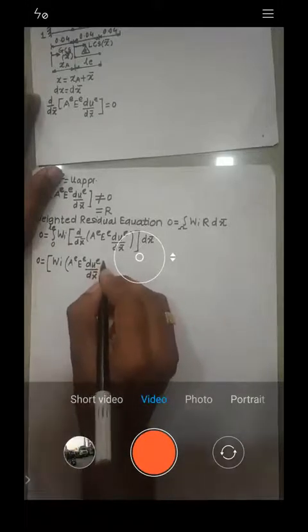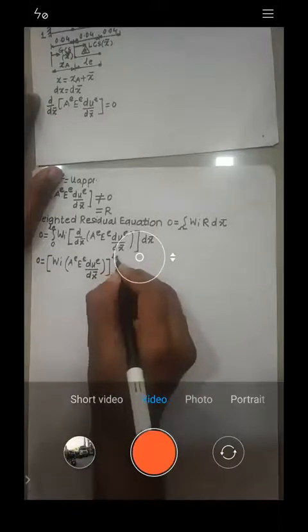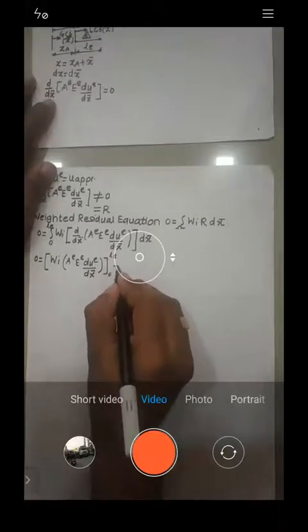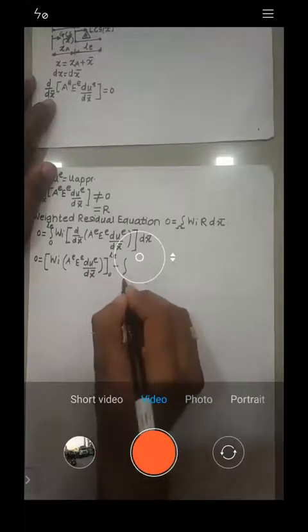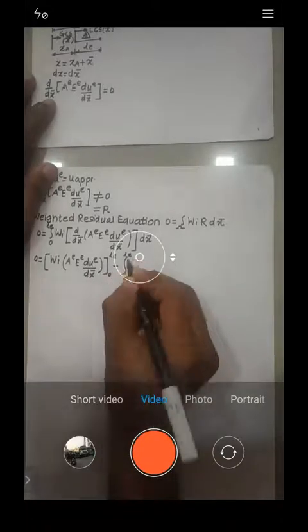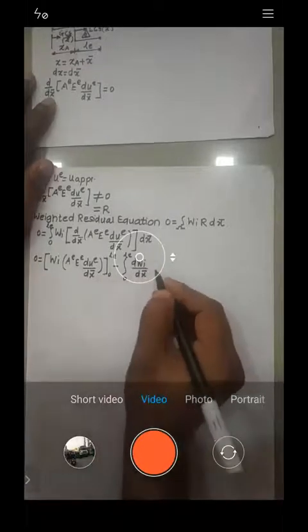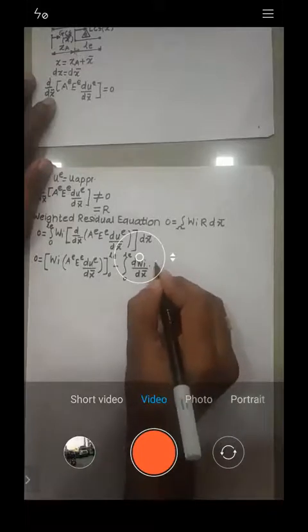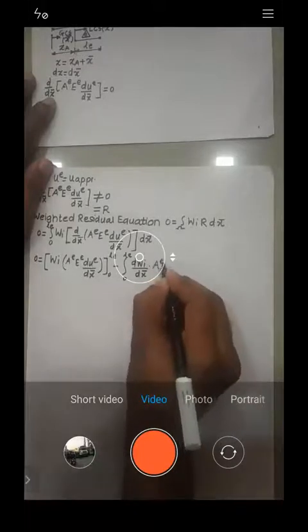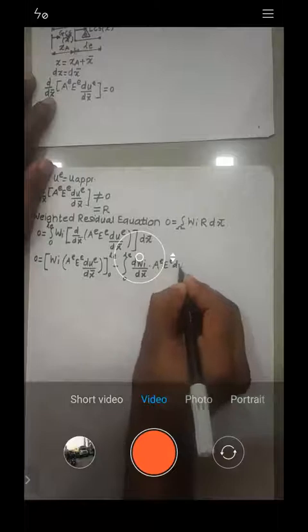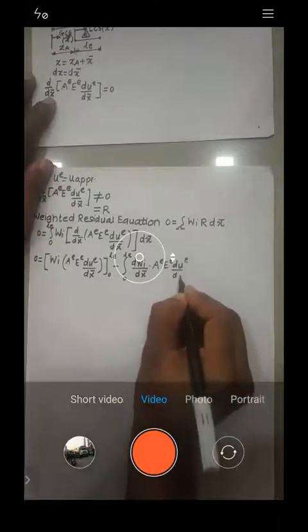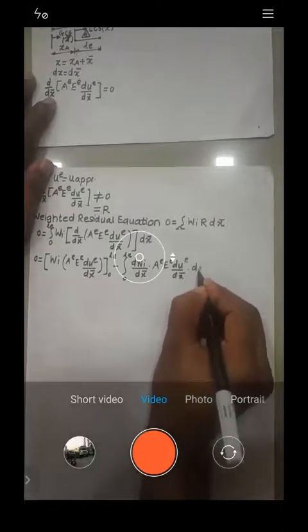Is it okay? For the limit 0 to LE, minus integration of the derivative of first into integration of second, into dx.